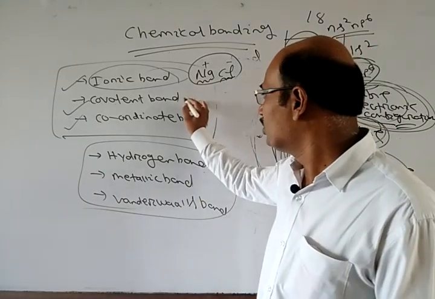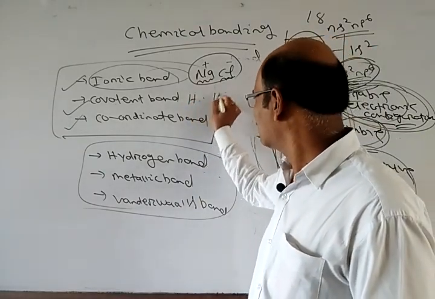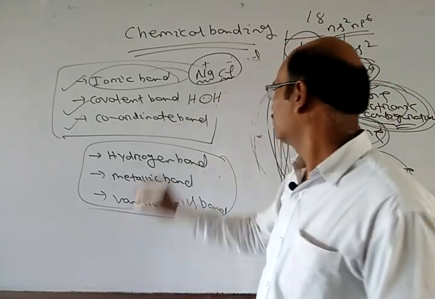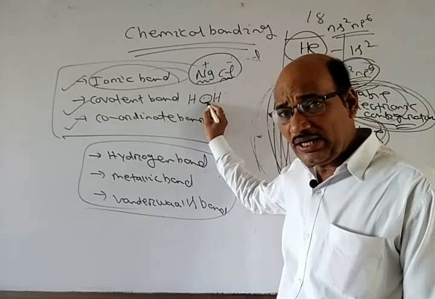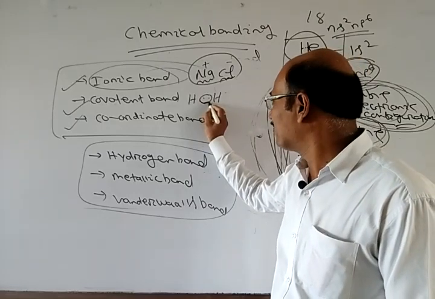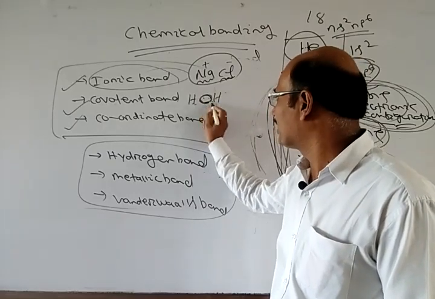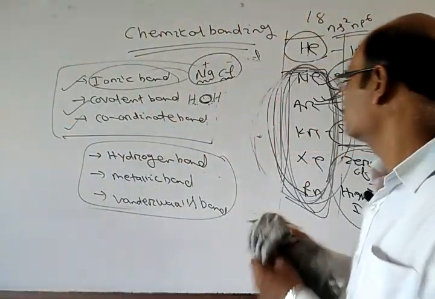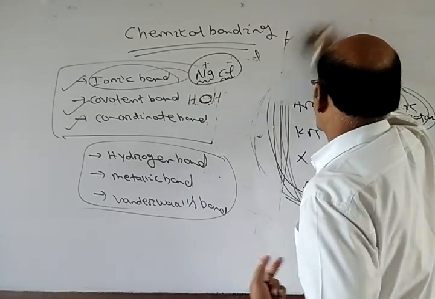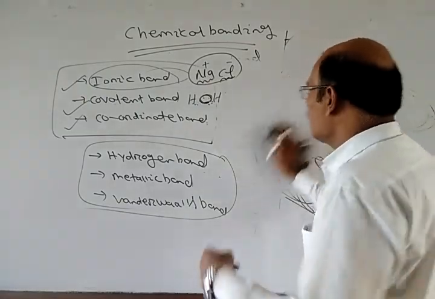And if you take H2, here the electron pair is getting shared, and both atoms have equal rights over this shared pair of electrons. This is called a covalent bond.